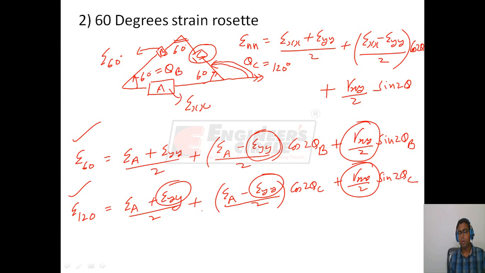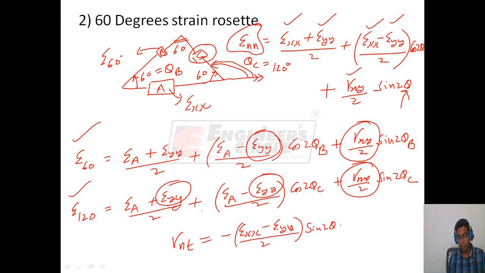And once we have obtained epsilon xx, epsilon yy and gamma xy, that is this as well as this, then we can find out normal strain epsilon nn at this point by simply putting the value of theta of the direction along which we want to measure the normal strain. Similarly, we can also find strain gamma nt at that point, because we know epsilon xx, we know epsilon yy, and we also know gamma xy.